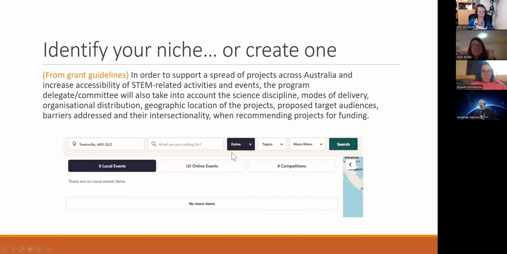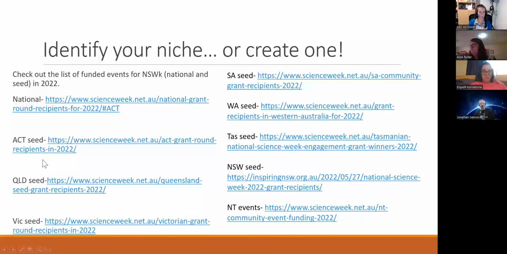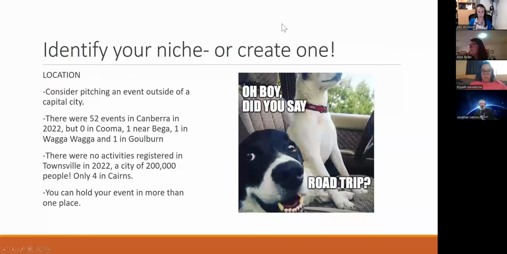So if you select the dates as August last year, you can look at all the events that were on. Look at the events that were funded. Again, we've got links here. You're welcome to have this later to see the range of events that were successful and see if your event fits its own niche amongst them. And then do that searching on the National Science Week website to see if you're pitching something that's been pitched a lot before or is a bit different.